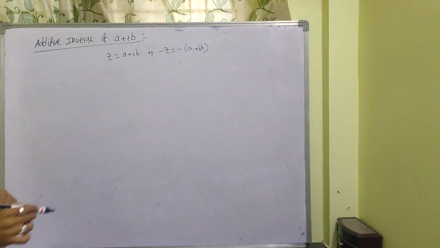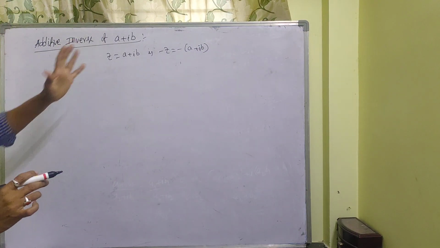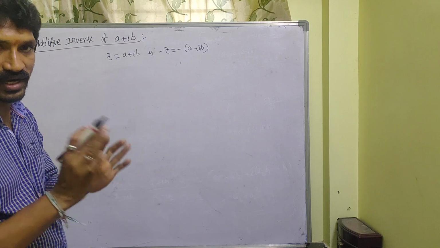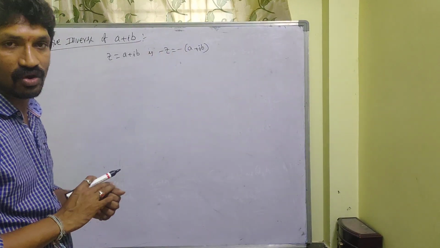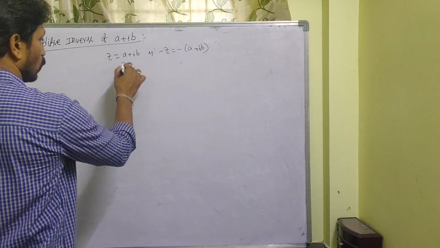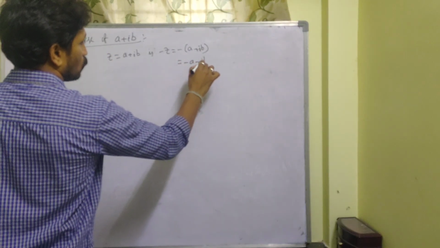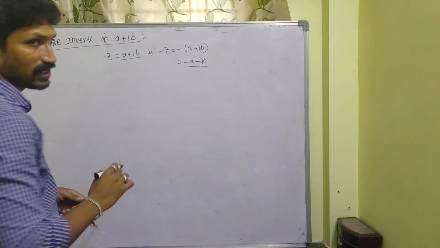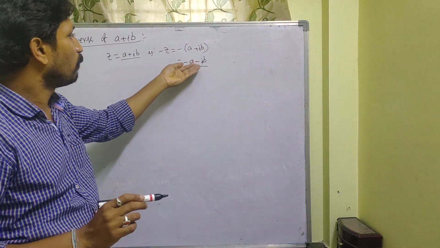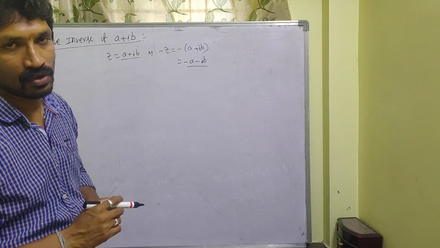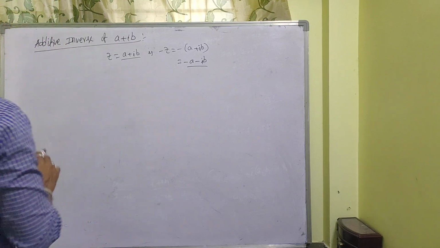Just remember, additive inverse means if you add them, you should get 0. When you get 0, that number is called the additive inverse. So for a plus ib, it is minus a minus ib. Or the additive inverse of minus a minus ib is a plus ib. Okay, clear? Next one.